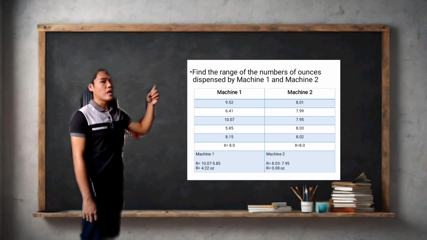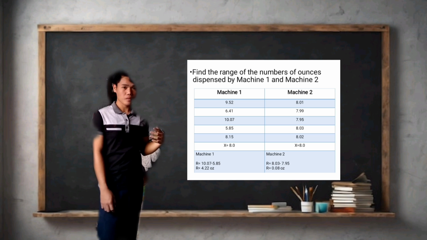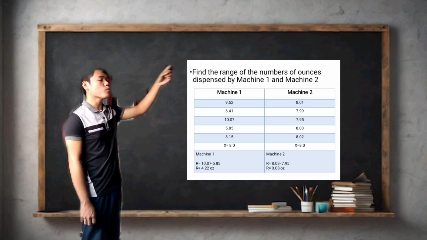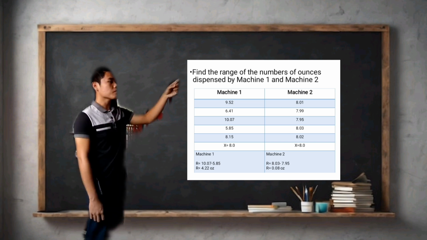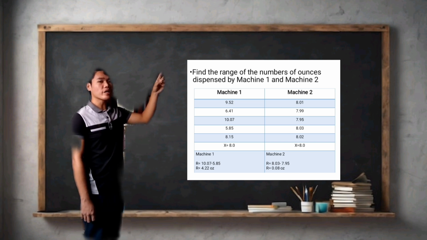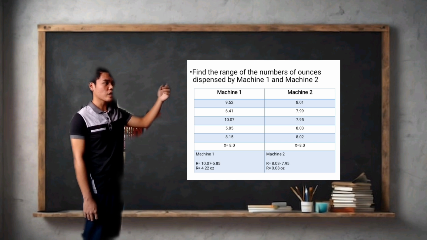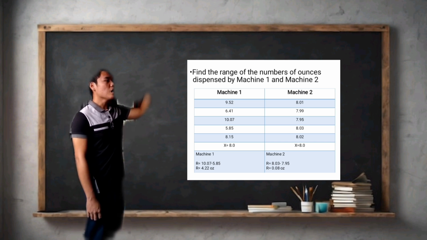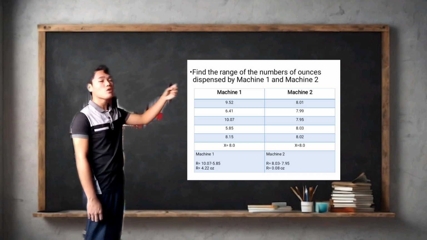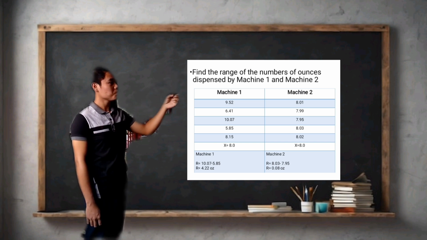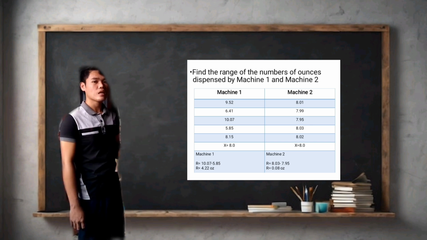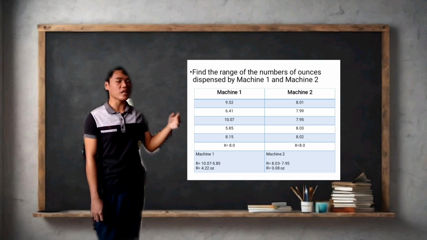The rule of range is highest to lowest, so we just subtract: 10.07 minus 5.85, and the answer is 4.22 oz. In machine 2, the highest value is 8.07 and the lowest is 7.95, so the answer is 0.08 oz. That is the example of range.